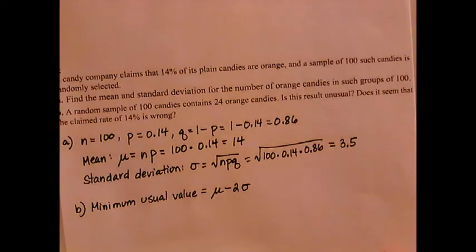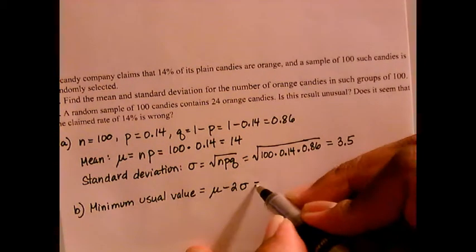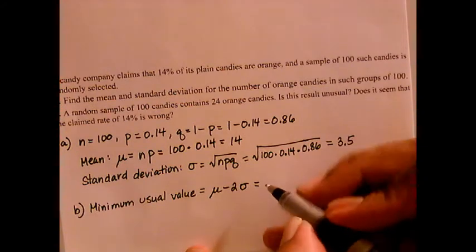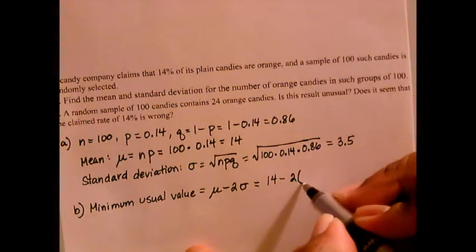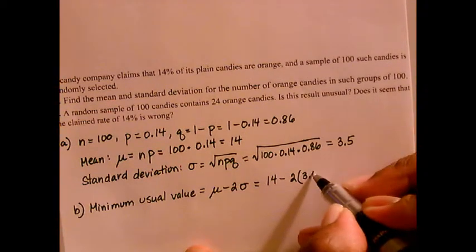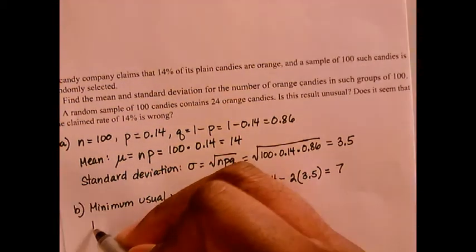The minimum usual is always going to be mu minus 2 times sigma. Here, your mean was what, 14? Minus 2 times sigma, which was 3.5. So 14 minus 7 is 7. That's your minimum usual value.